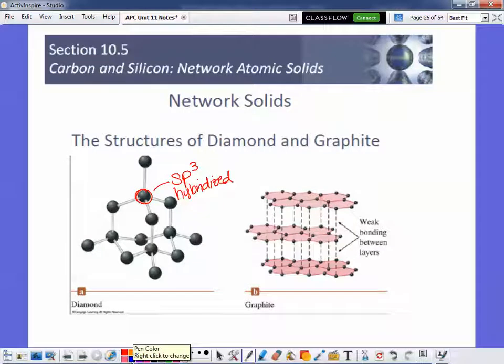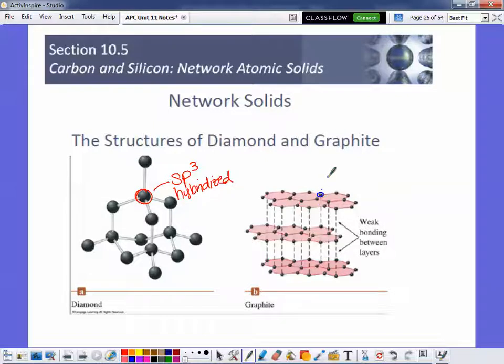In graphite, this one's harder to see, but let's look at this carbon atom. How many other carbon atoms is that attached to? 3. There are no hydrogens. This is all pure carbon.